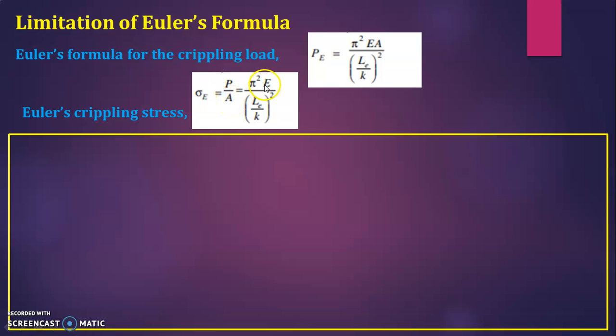So the load is pi square EI divided by LE square, the A gets cancelled, so this becomes pi square E divided by LE divided by K whole square.